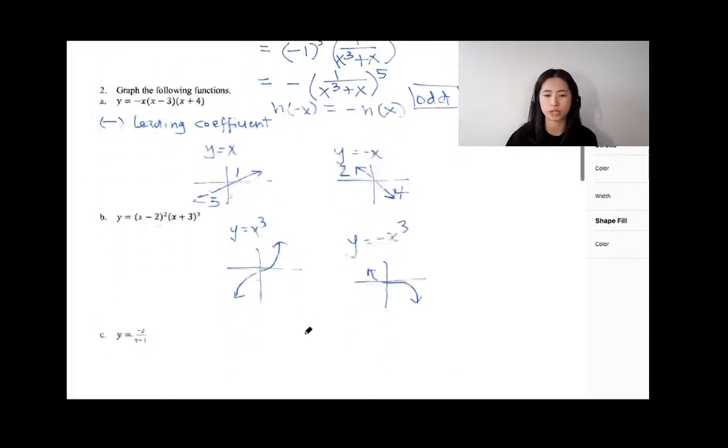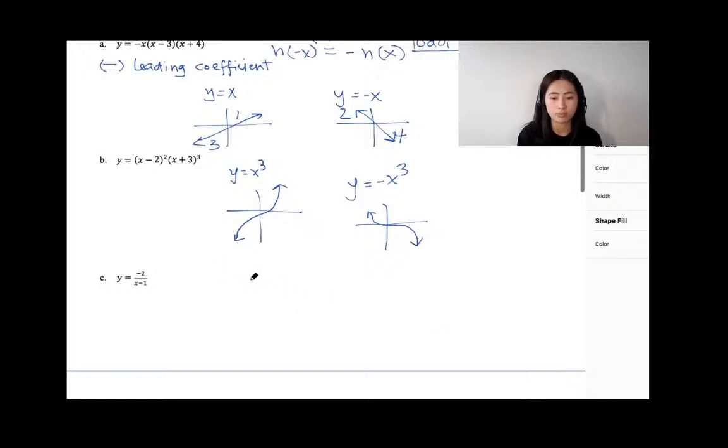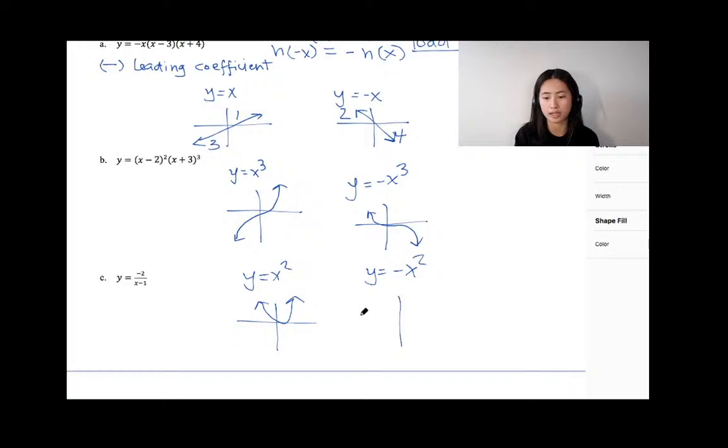So let's just scroll down just to see and compare them. So y is equal to x squared. This is going to be on quadrant 2 and quadrant 1, right? And if you have y is equal to negative x squared, you're going to have that on quadrant 3 and quadrant 4. Does that make sense? So it matters where you're going to graph that. Okay, so I can erase this now.